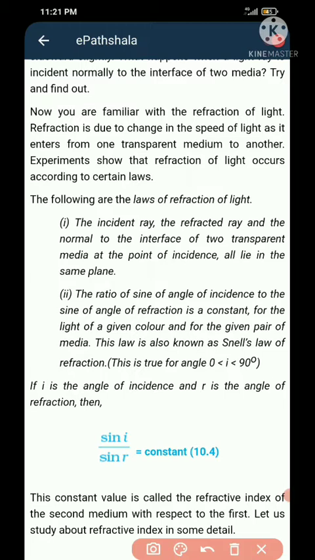Second, the ratio of the sine of the angle of incidence and the sine of the angle of refraction is a constant for light of a given color and for the given pair of media. This law is also known as Snell's law of refraction. So where does it come from?